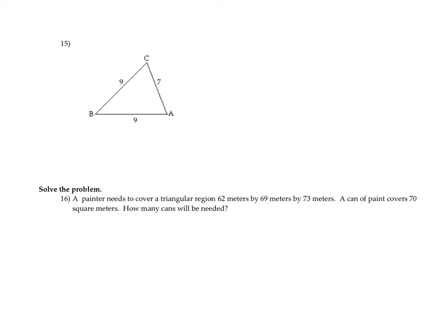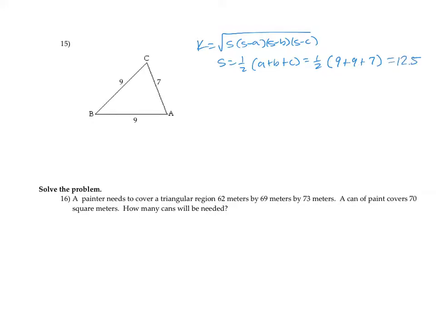15 would use the semi-perimeter formula. K equals the square root of s times s minus a, s minus b, and s minus c. And s is 1/2 a plus b plus c. So in our case, that's 1/2 of 9 plus 9 plus 7. 18 plus 7 is 25, so this is going to be giving me 12.5. If I do that, let me just double check by throwing in my calculator, 12.5.